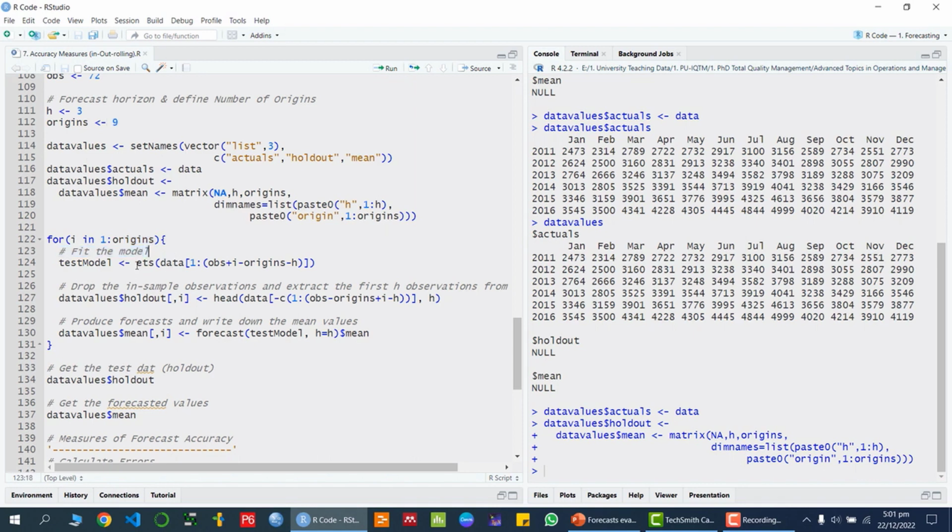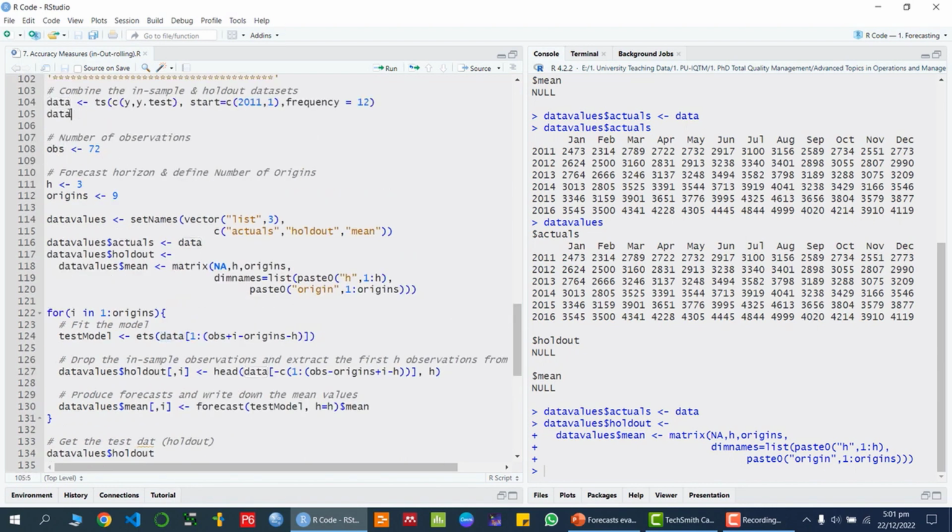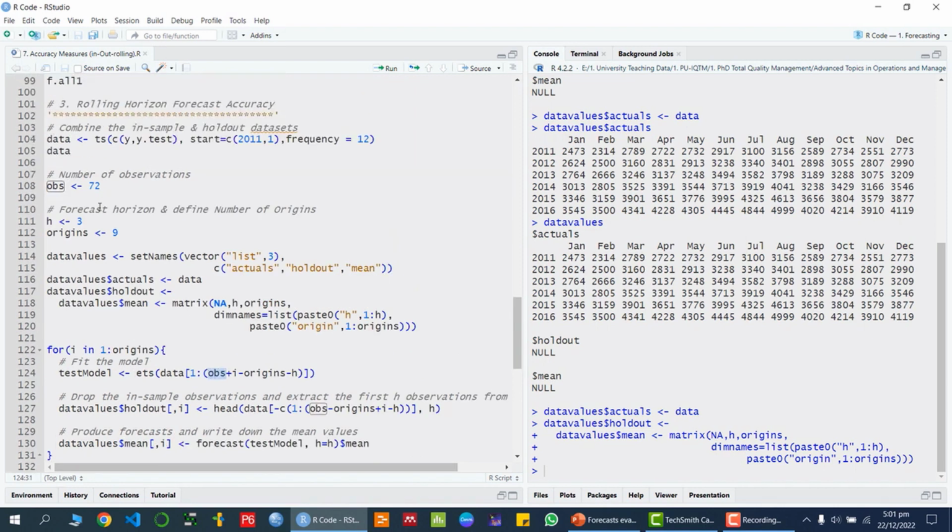I am saying ETS, that is, select the best exponential smoothing model based on this function. I am saying data, that is the variable in which we have the entire data set, and then one column, obs. obs is the name of the variable in which we have the total number of observations, which is 72, plus i. When the loop starts, the first value of i is going to be 1, which means 72 plus 1, minus origin, minus h.